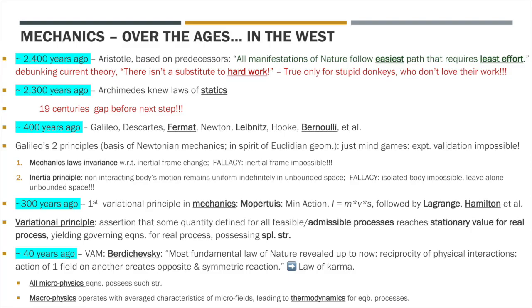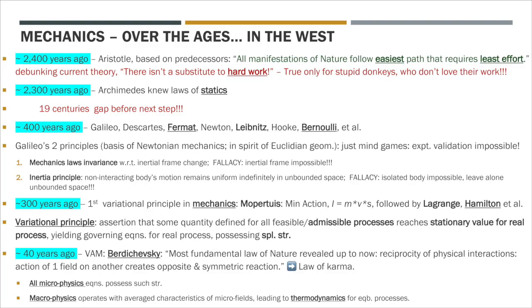And this special structure again is one of the huge advantages of using variational principles as opposed to Newtonian mechanics. And again, we lost another 260 years approximately before 40 years ago, the variational asymptotic method was introduced by Professor Victor L. Berdichevsky, where he communicates the principle behind that, which is far more important than its actual application, that the most fundamental law of nature revealed up to now is the reciprocity of physical interactions.